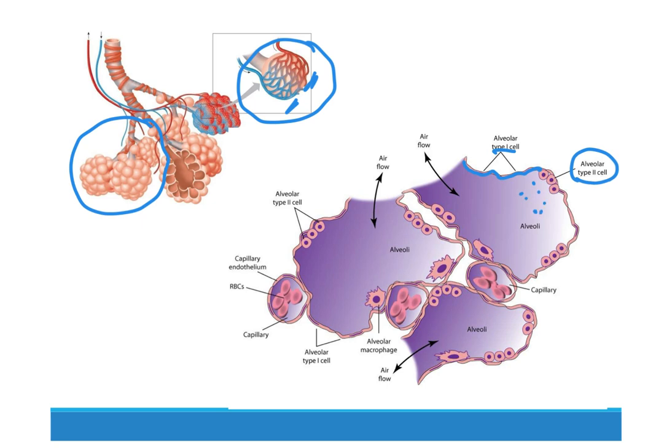And then we have some macrophages here, just floating around, killing off any bacteria that happen to be present. You can see a capillary present here on the left, and so the oxygen and carbon dioxide is just making this trip back and forth between the bloodstream and your airway at the alveolar sacs.